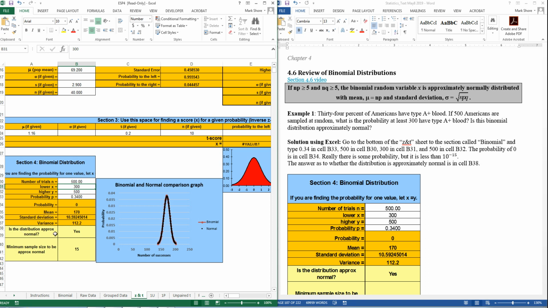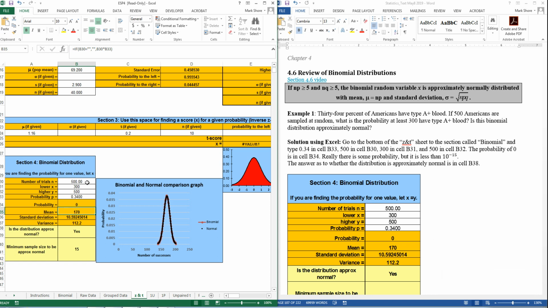The Excel sheet right here tells you, yes, the distribution is approximately normal. But the way to tell if it's approximately normal without using the Excel sheet is to see if n times p is greater than or equal to 5. Here's your n and here's your p. 500 times 0.34 is 170. That's your mean. Your n times q is going to be the remaining folks. If you take 500 minus 170, you get 330.